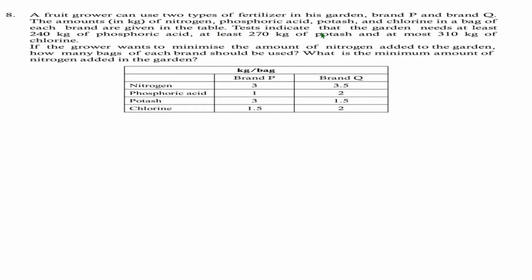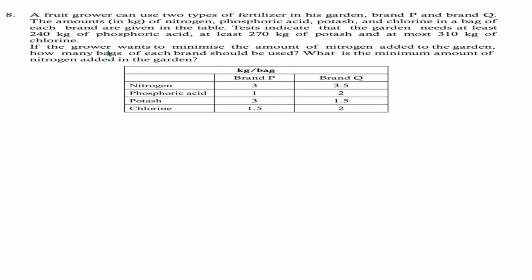Tests indicate that the garden needs at least 240 kg of phosphoric acid, at least 270 kg of potash and at most 310 kg of chlorine. If the grower wants to minimize the amount of nitrogen added to the garden, how many bags of each brand should be used? What is the minimum amount of nitrogen added in the garden?